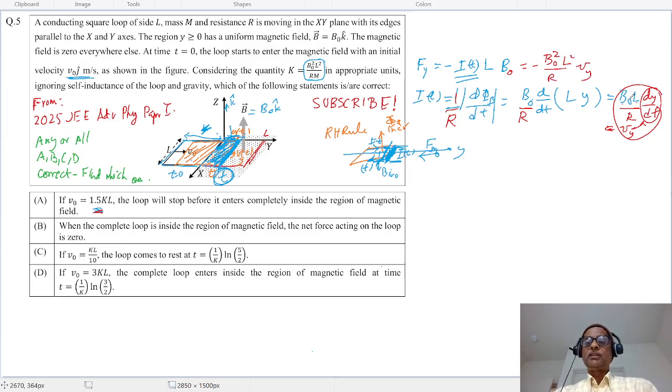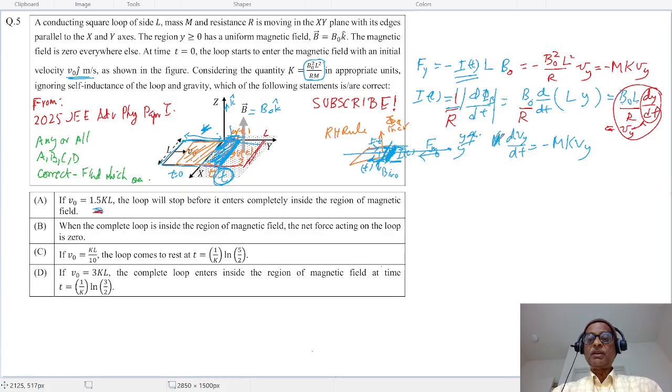Okay, let's use this: m times k, so this is minus m k v y. The mass of this ring is m, and so the y equation is m dvy dt, the acceleration, equals minus m k vy.